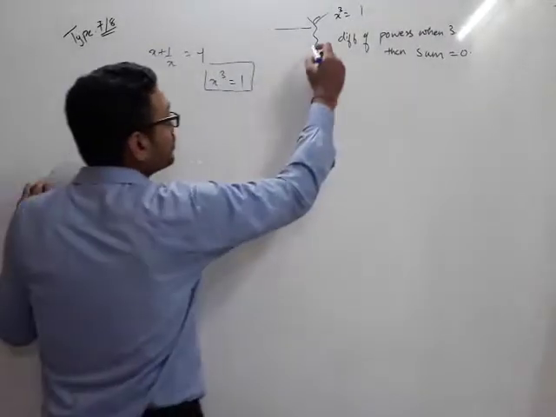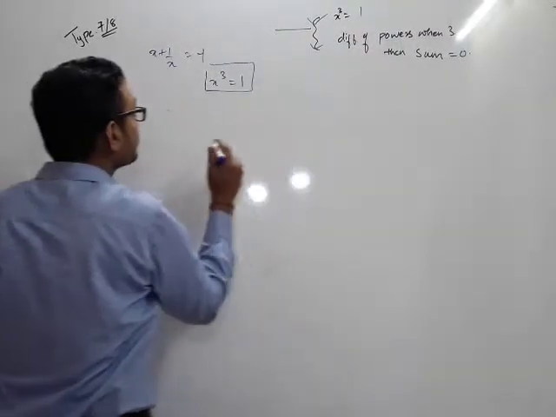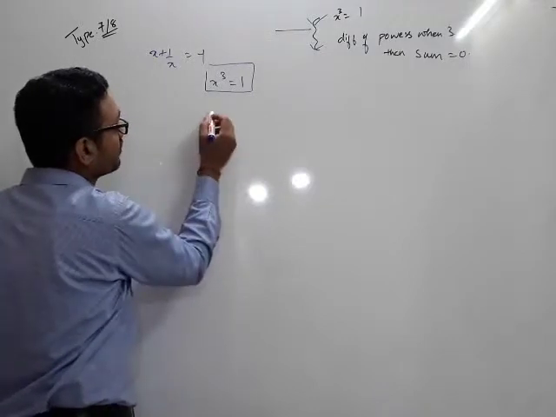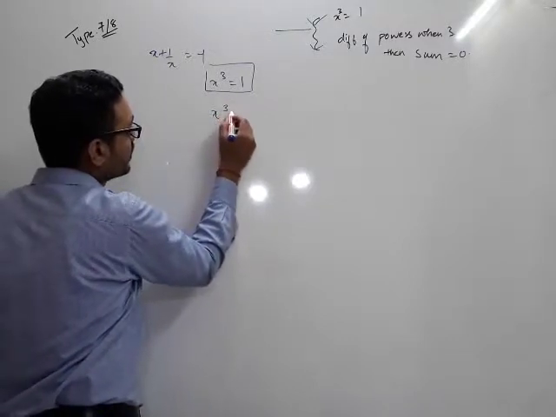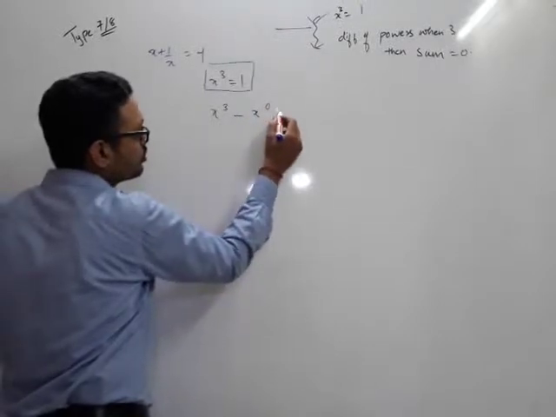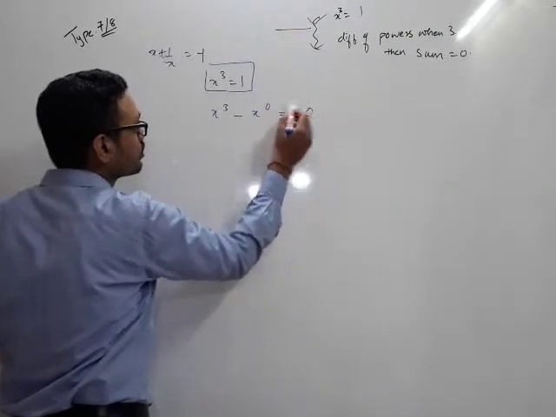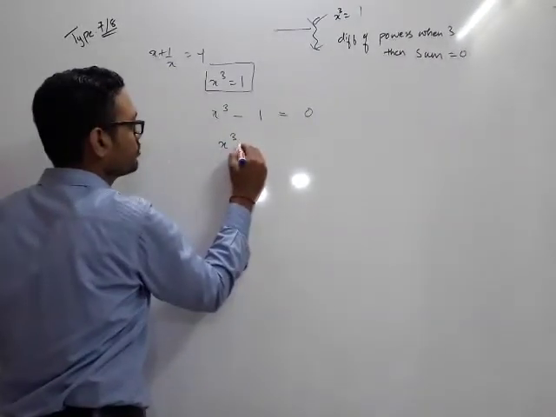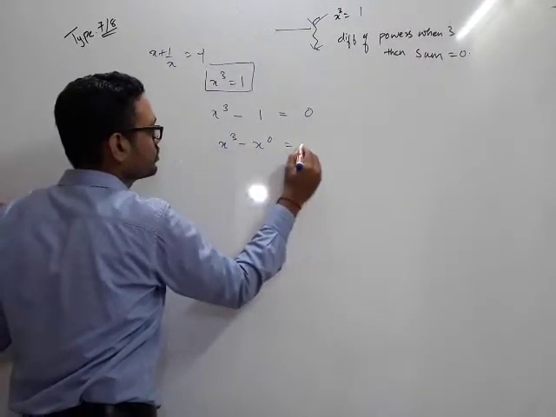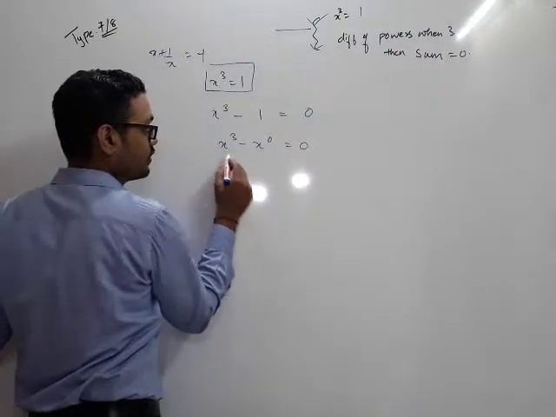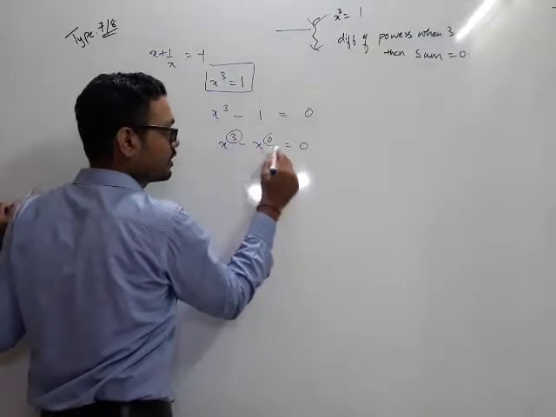And the second conclusion that we have to take is the difference of power. Again it will be 3, but it is slightly different. X cube minus x raised to 0 is 0. X cube minus 1 is 0, so x cube minus x raised to 0 is 0, which means the difference of power is 3.